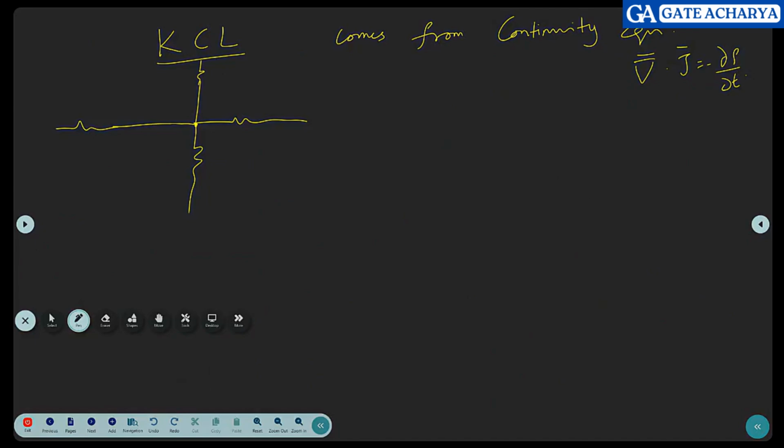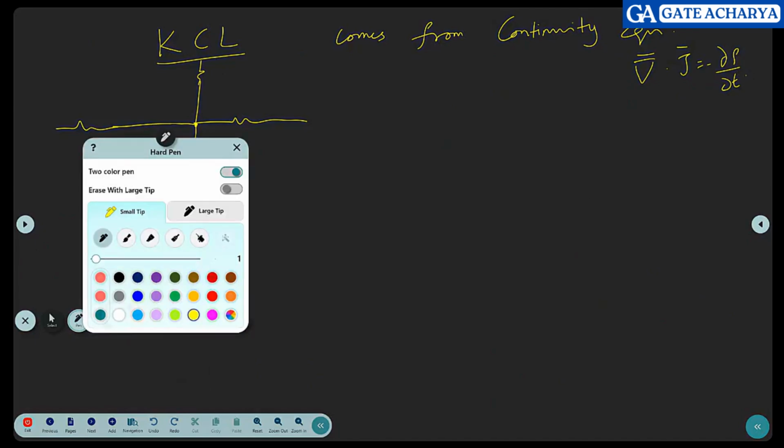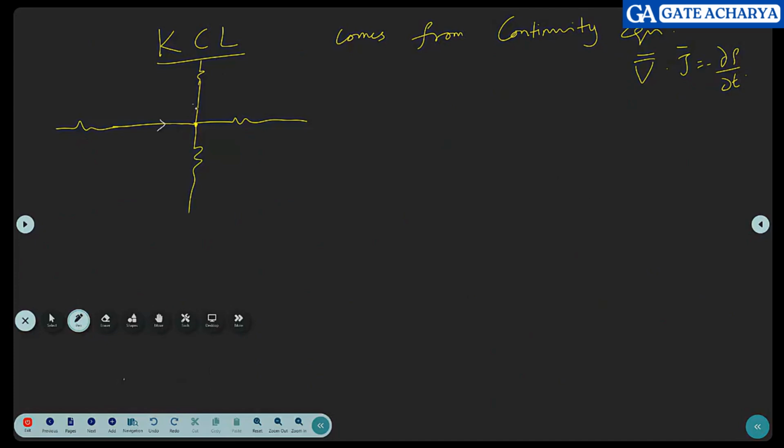All the currents entering the node equal to 0. Let us say this is I1, I2, I3, I4. You can say I1 plus I2 plus I3 plus I4 equal to 0.